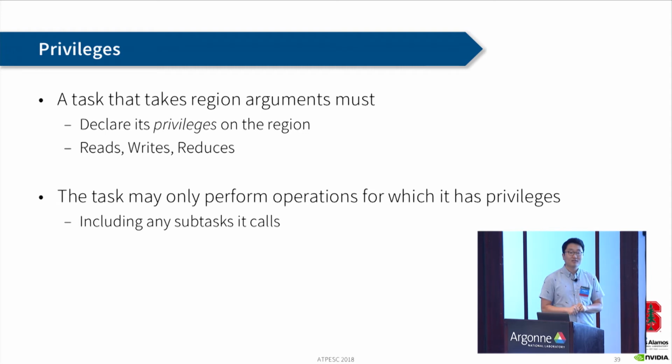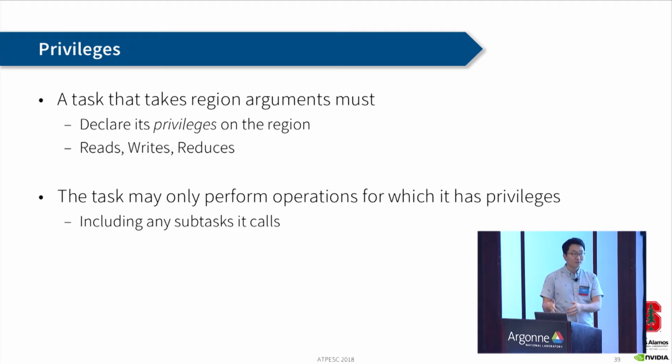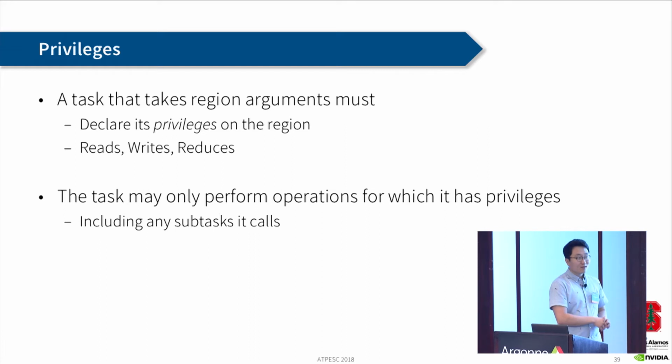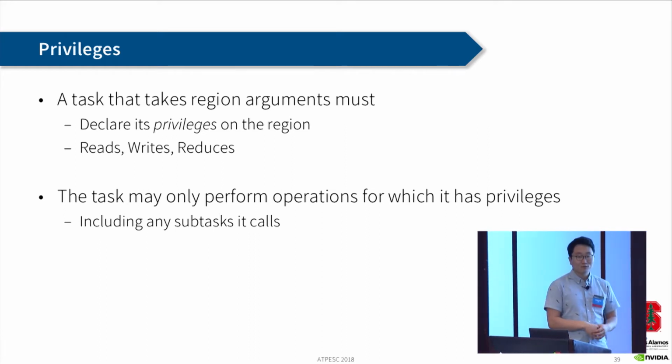A reduction is an update through some commutative associative operator. The difference between write privilege and reduction privilege is that reduction privilege can actually be parallelized. So if you have some number of reduction tasks on a region, those tasks can be parallelized. Whereas if you have 10 different writers to the same region, they should all be serialized.